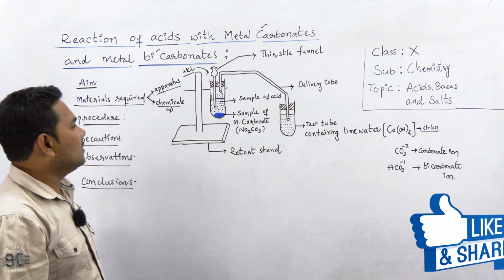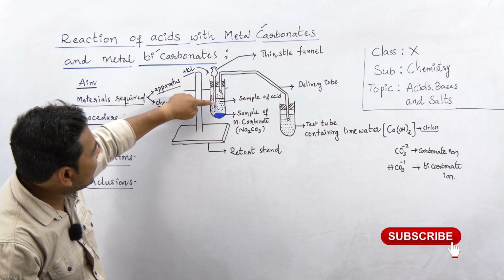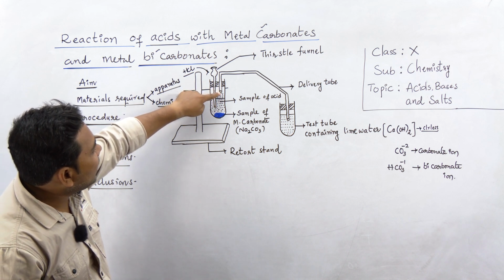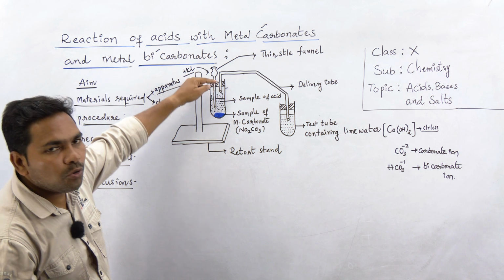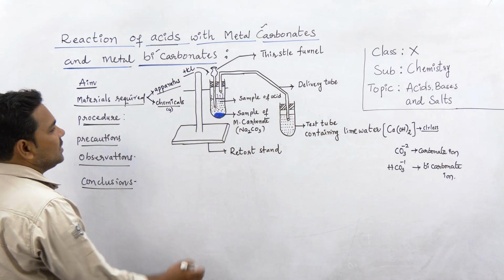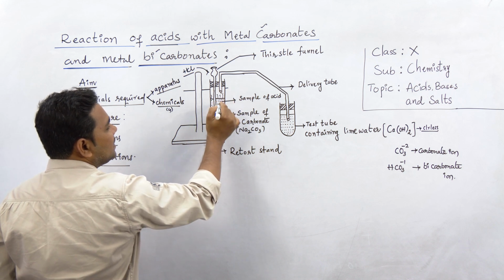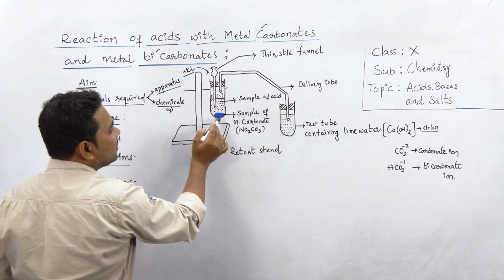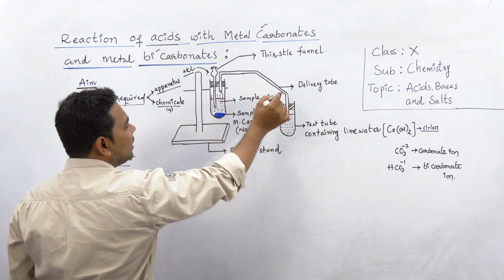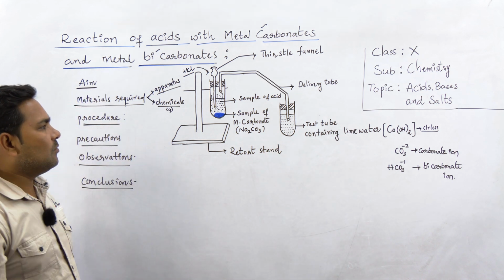Like in the earlier experiment, the end of the thistle funnel is inside the surface of the liquid, the acid used here, whereas the end of the delivery tube is above the level of the acid solution, right? This is so that the gases released as a result of metal carbonate and acid can only enter the delivery tube, and then enter the test tube containing lime water, right?